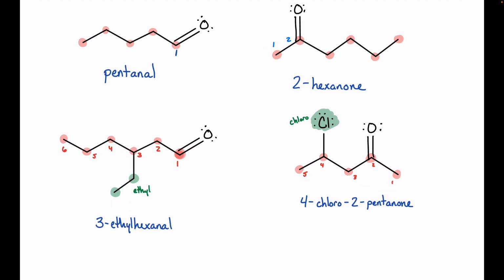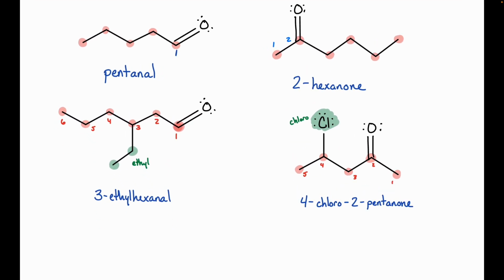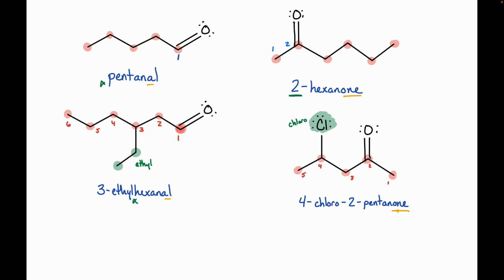Cool, so here are our nomenclature examples here. All right, our aldehydes have that -al suffix, and our ketones have that -one suffix. We always got to include the location of substituents, but we'll note that in our aldehyde, we don't indicate that the -al is on carbon 1, but for ketones, we do indicate the position of that carbonyl group.